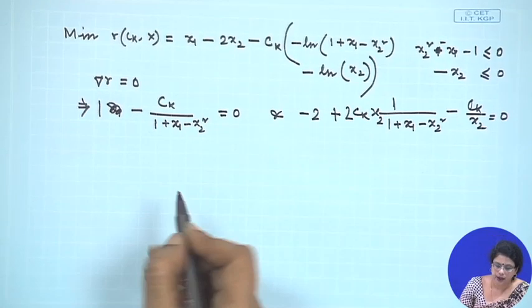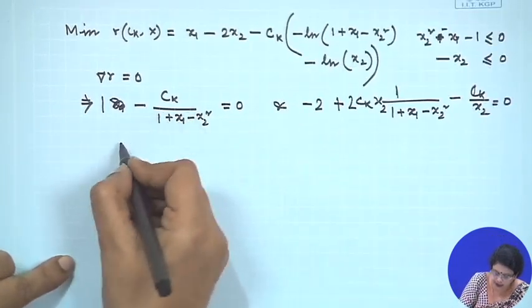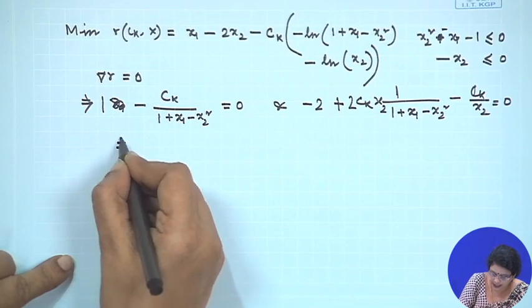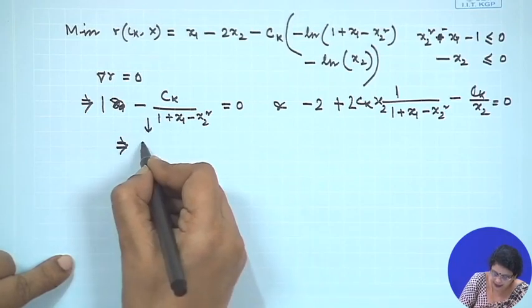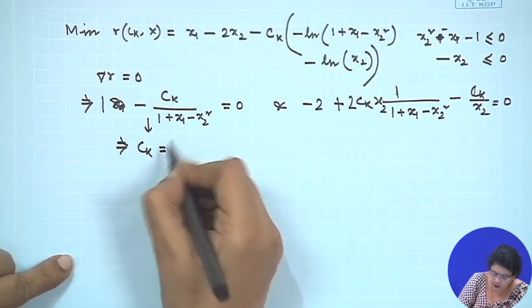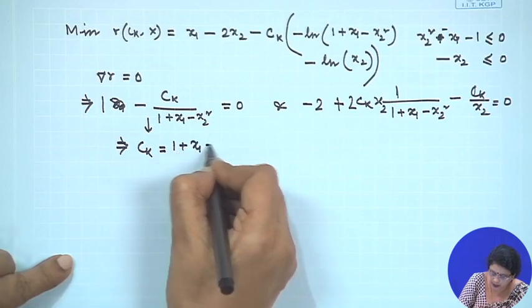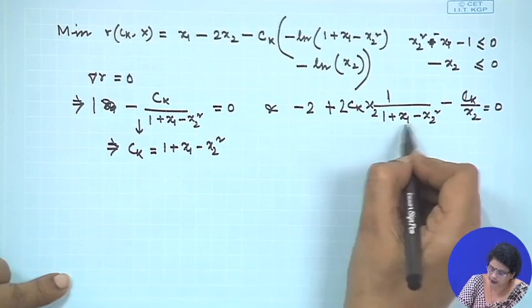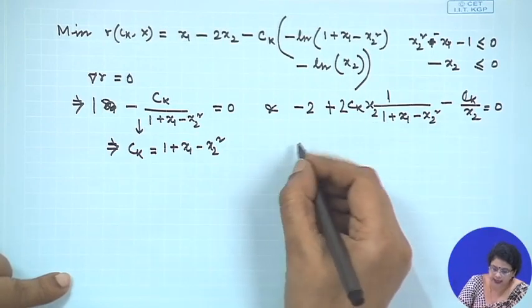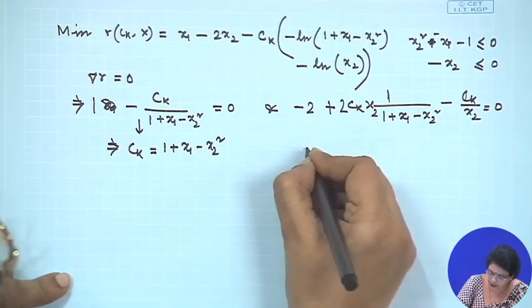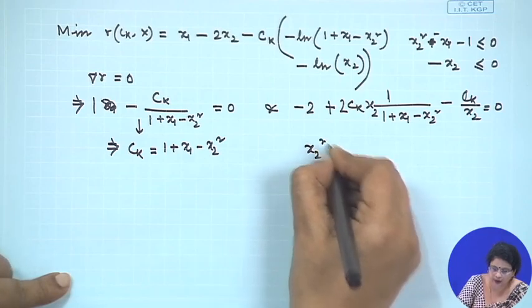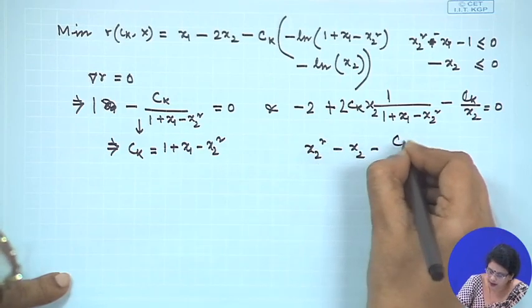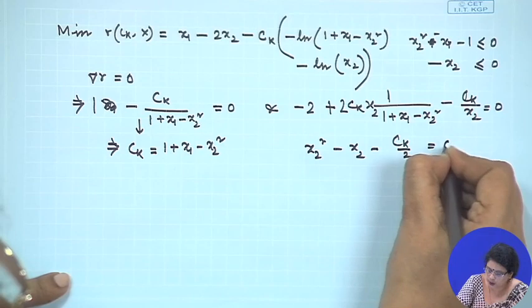Now, from this condition we get that c k is equal to 1 plus x1 minus x2 squared. If we substitute this value here, we get one equation, that is x2 squared minus x2 minus c k by 2 is equal to 0.